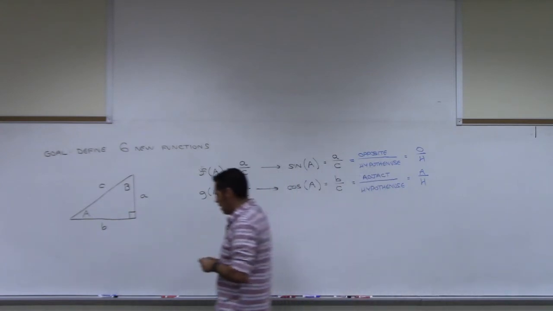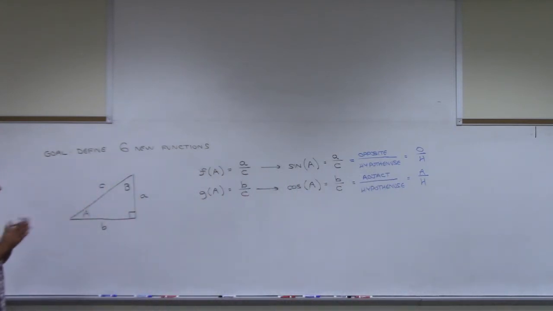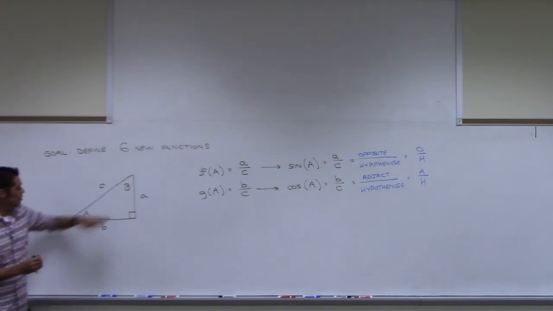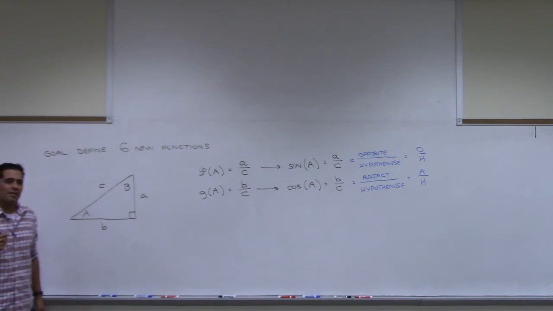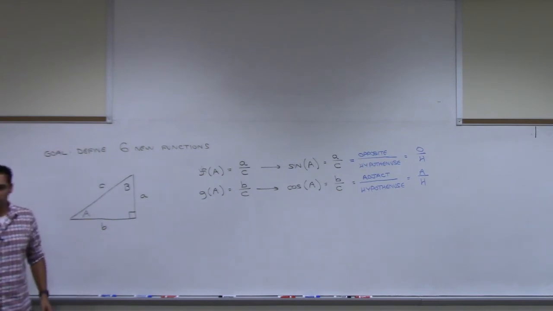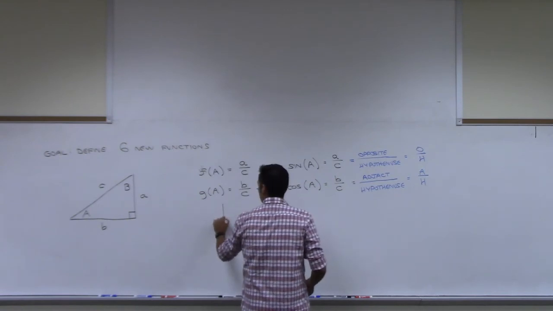All right, what have I not done yet? Maybe I can mix up another one. A over B. I could do A over B, and this would be the opposite over the adjacent, and that's actually called the tangent function. So I'm going to stop doing this, okay? You get the idea? I could keep doing this.